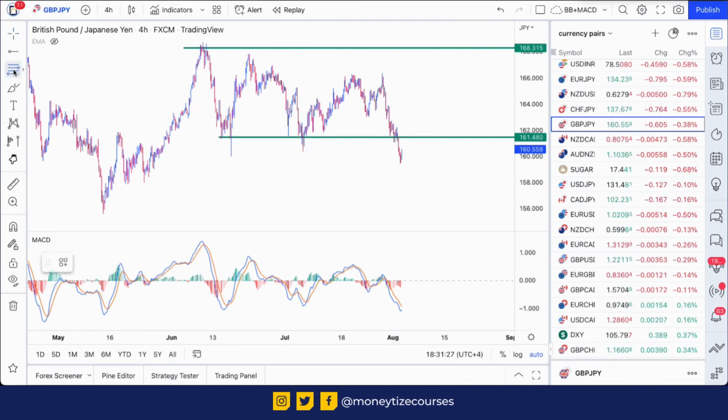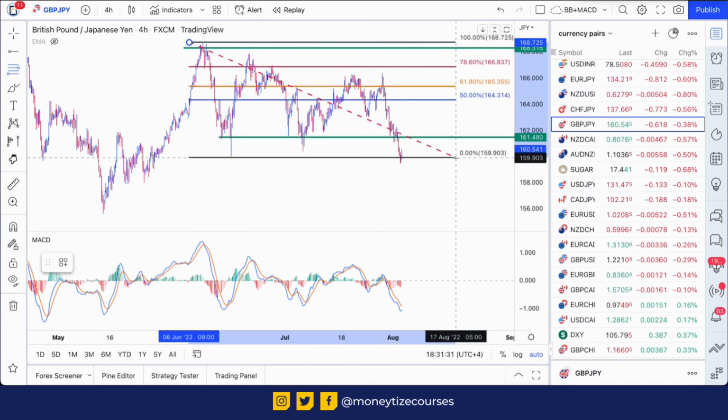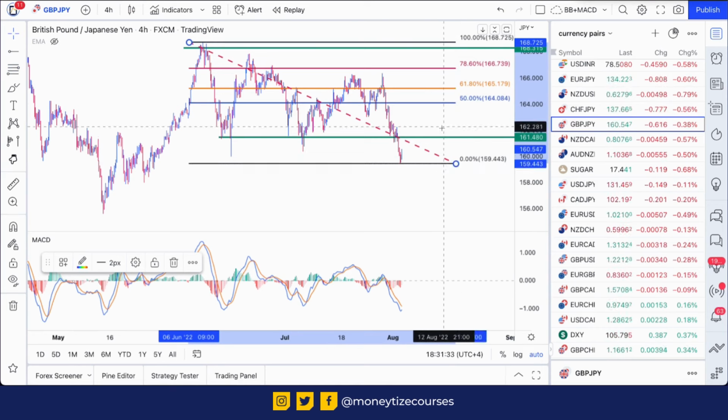Now if we plot the Fib retracement from the recent high to the recent low, we can expect a push towards 50 to 61 area and then continuation lower. So the plan is to sell on the rise.